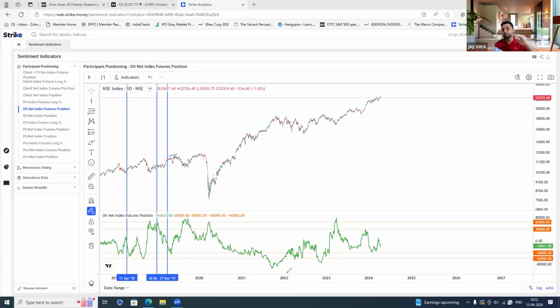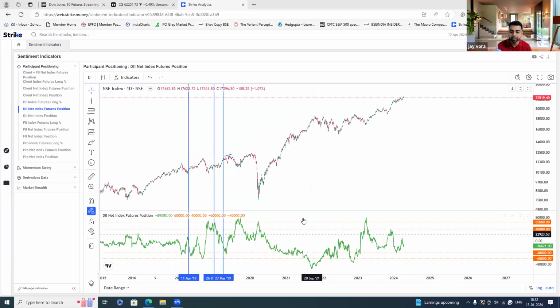They will keep shorting as the market rises higher, and they will keep going long as the market declines. Okay, and when they reach their extreme, that's where you can say that a meaningful turnaround can happen. So in fact, over here, they were net short to their highest probably in their history.